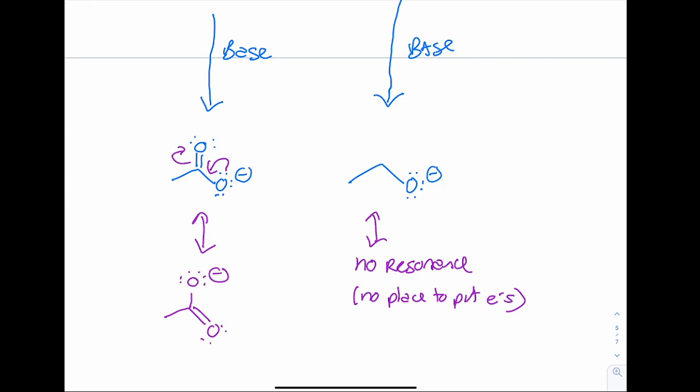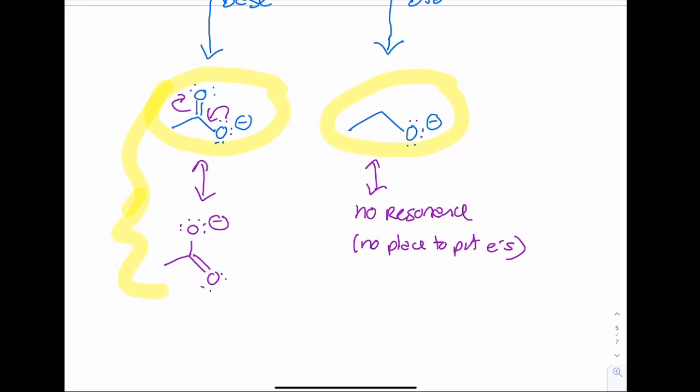So because my acetate ion, the conjugate base of acetic acid, is more stable, I'm more likely to make that. Essentially, that's what we're looking at. We're saying of these 2 products, because these are my products, which one is better? This one with resonance is better. It's supposed to be a bracket because it is stabilized by resonance.